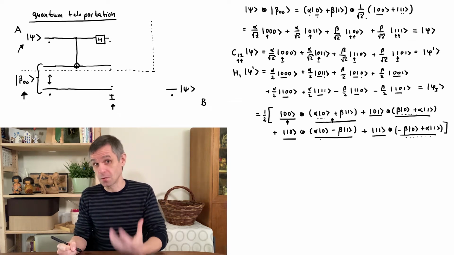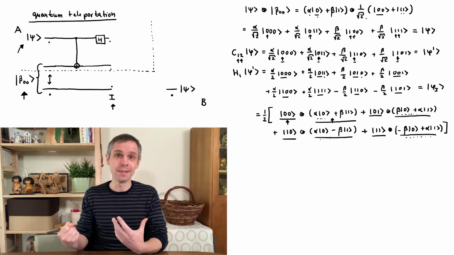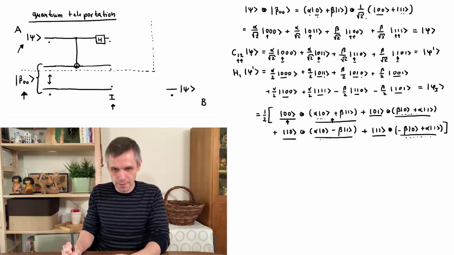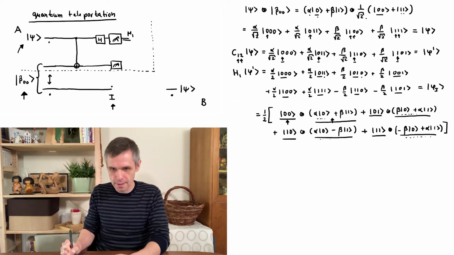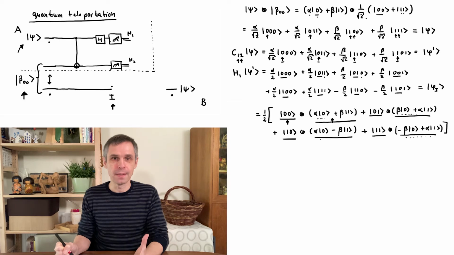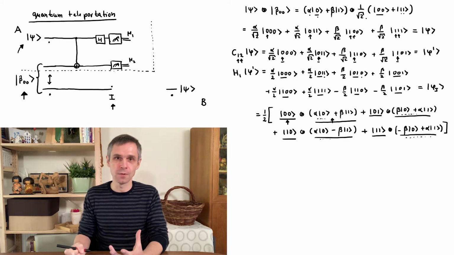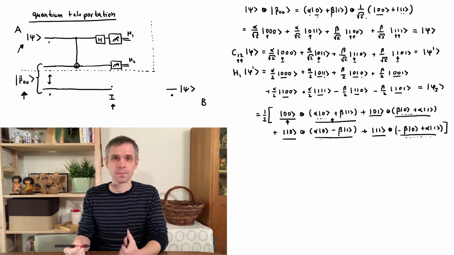And we can of course figure this out by simply doing a measurement. So all that we need to do now is to measure the quantum bits in Alice's possession. So these two quantum bits here. And we are going to call the result simply M1 and M2. And by these double lines I indicate again that we have now converted this into classical information.